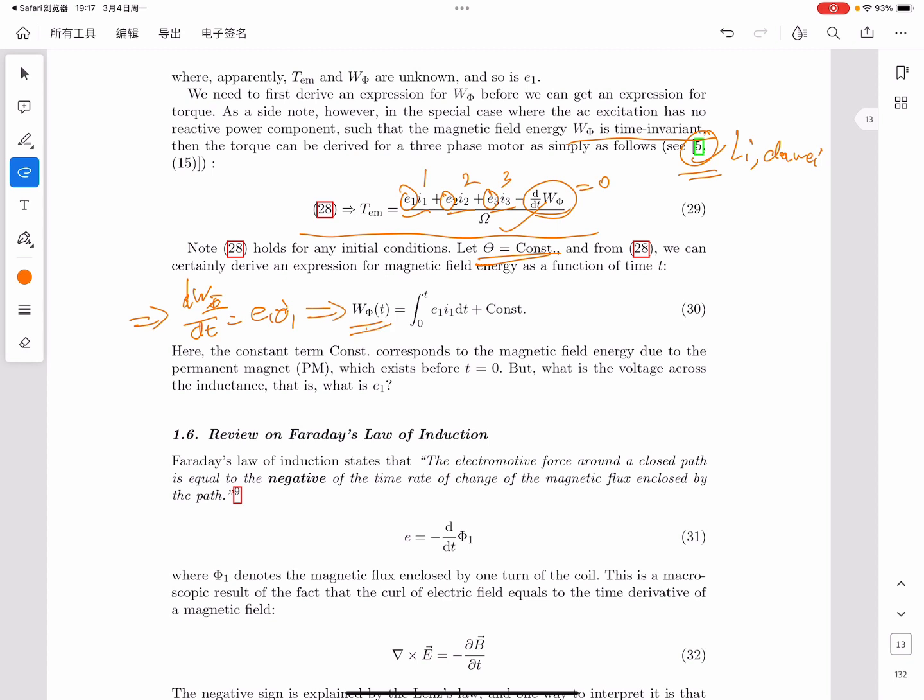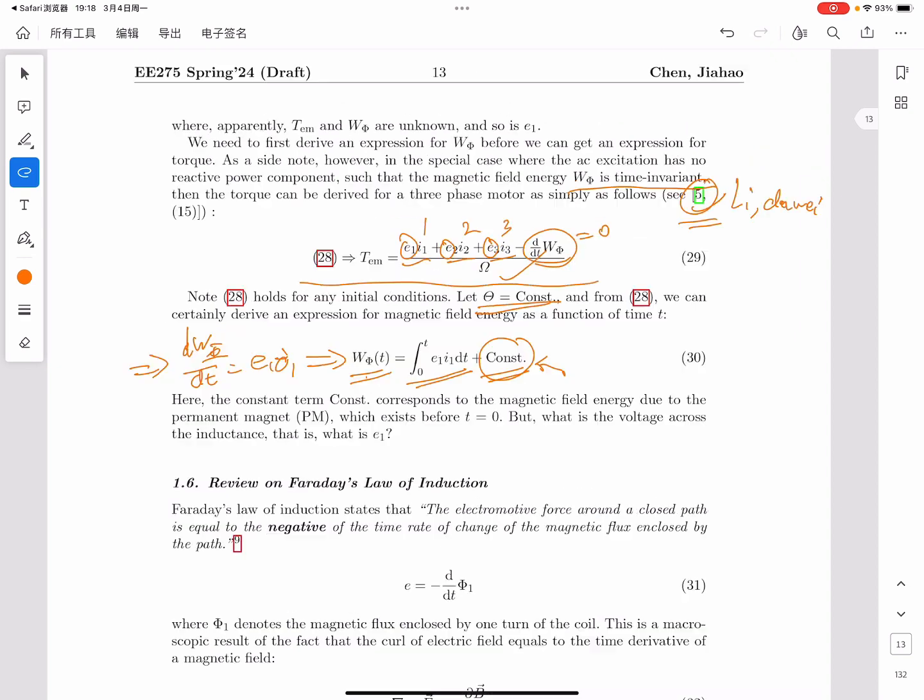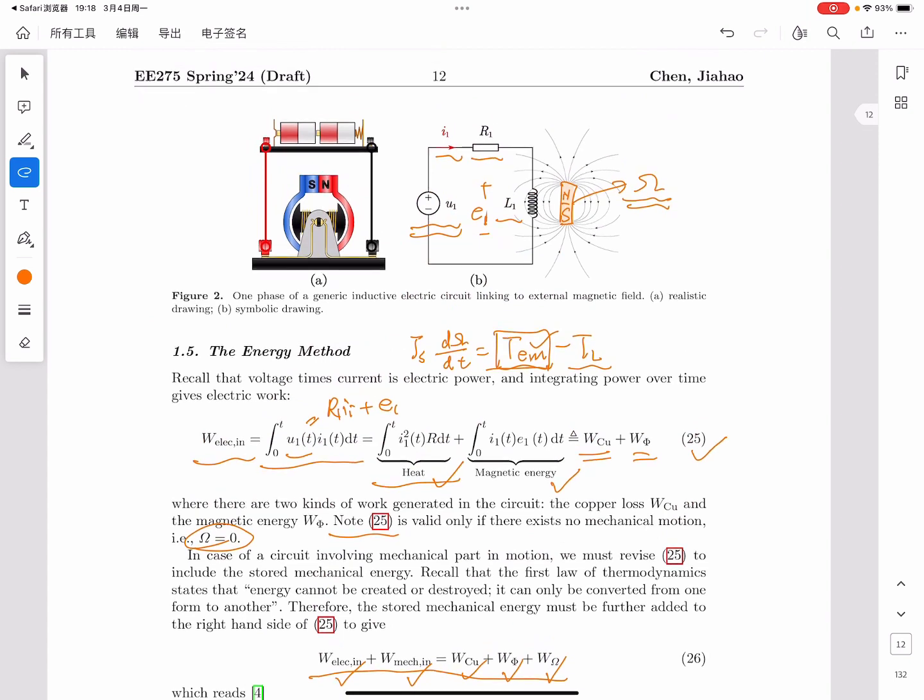Note that we do have some constant energy present here. It is possibly contributed by the permanent magnet, because we haven't really modeled the permanent magnet yet. The permanent magnet contributes some magnetic field, so it has energy in it.